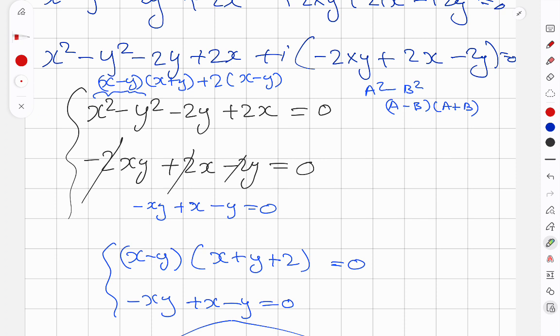Then you have two possibilities over here: either x minus y equal to 0, or x plus y plus 2 is equal to 0.